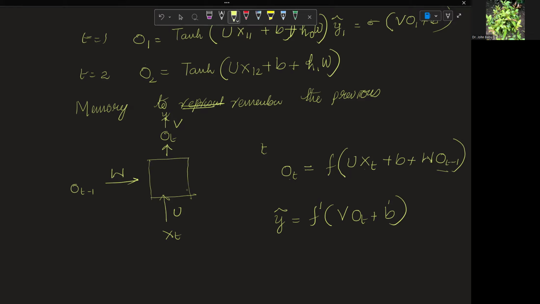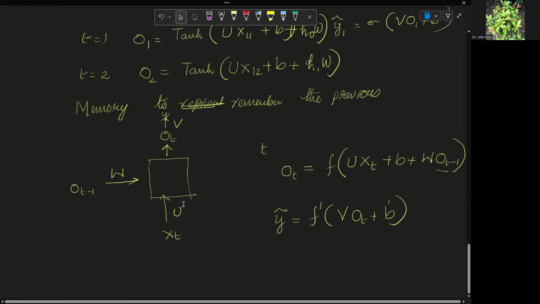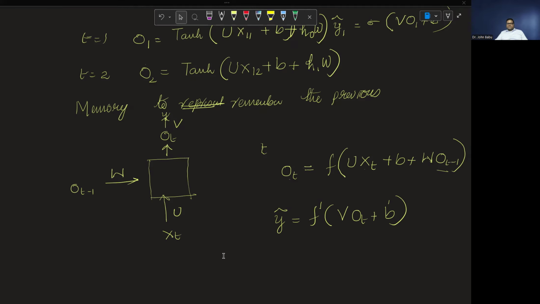So this is the structure and working of RNN.